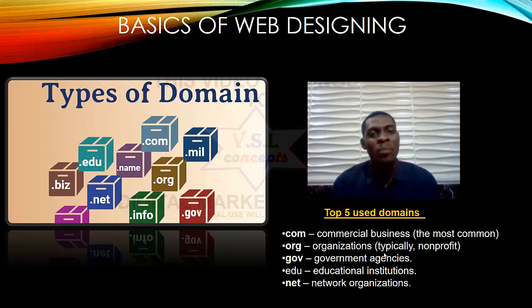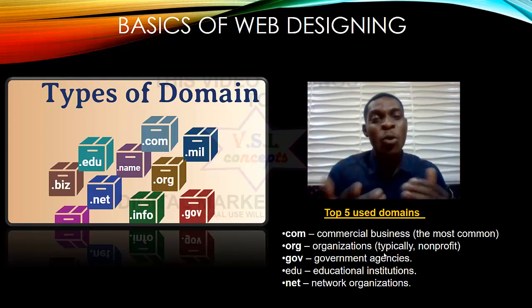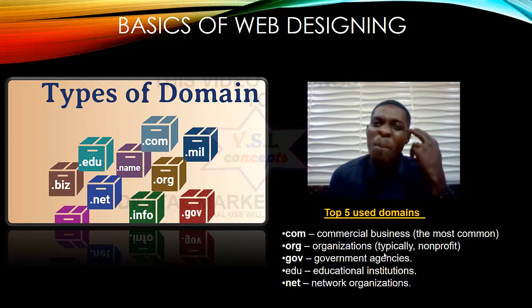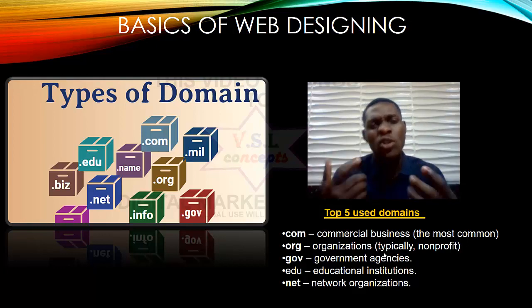How about the .org domain name? Maybe you are setting up an NGO website, a religious website, in fact, a non-profit organization. At that point, you use a .org domain name. So it means that if you want to design a website for a religious organization, it does not make sense to buy a .com domain name.